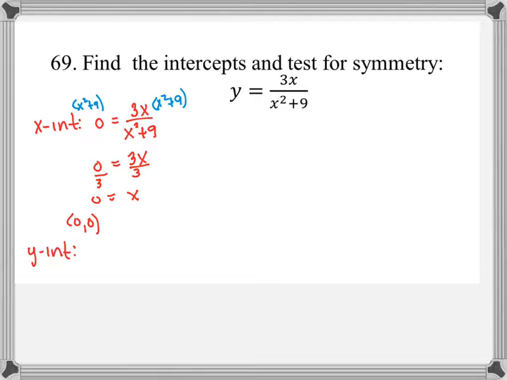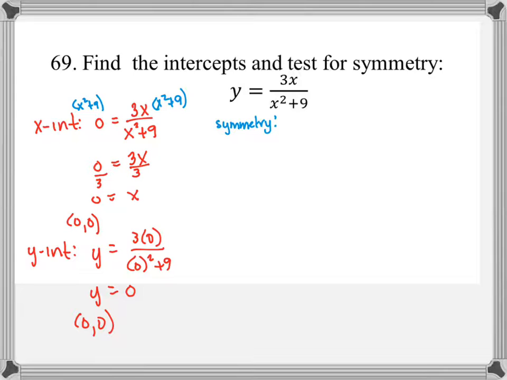To find the y-intercept, substitute 0 in for x. We have y equals 3 times 0 over 0 squared plus 9, which simplifies to y equals 0. So again, the origin is the y-intercept, and it served as both intercepts here.